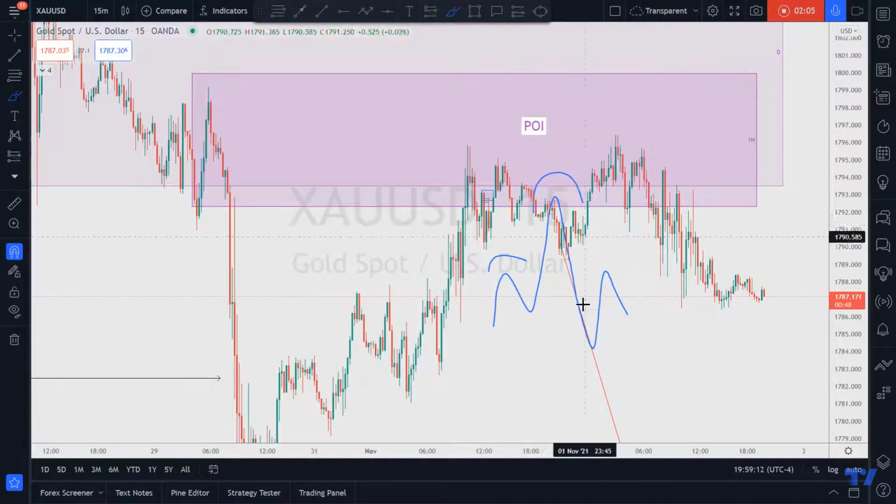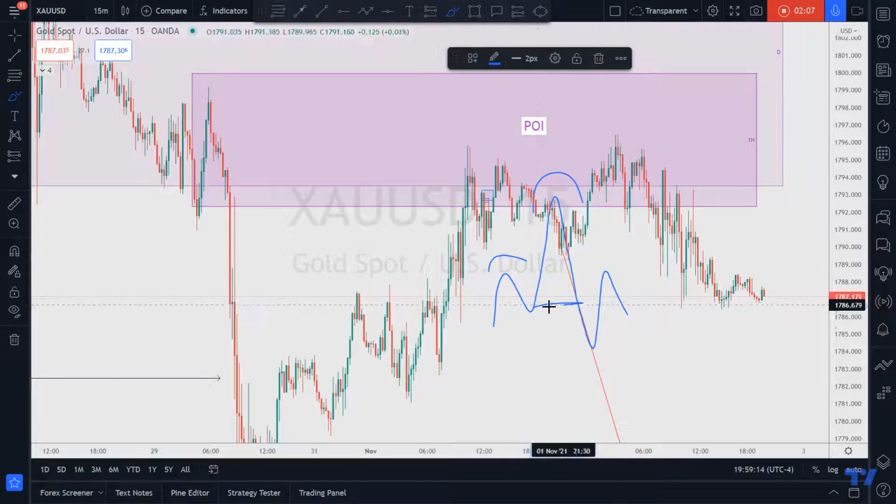Why? Because when it goes higher and then breaks structure, breaks this higher low, that indicates that price is highly likely going to go lower.